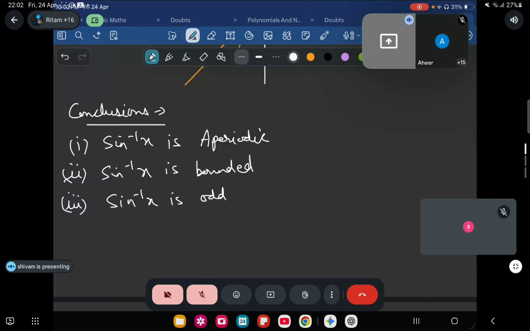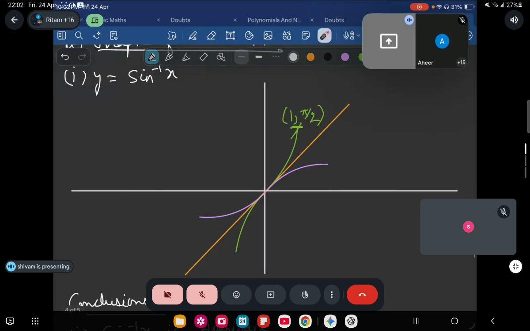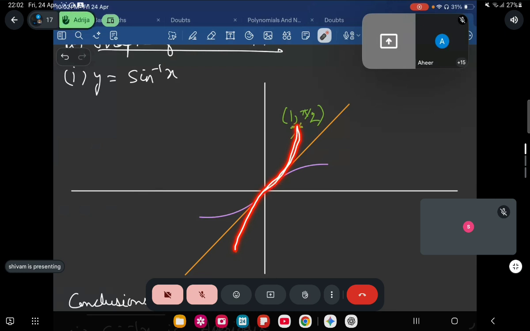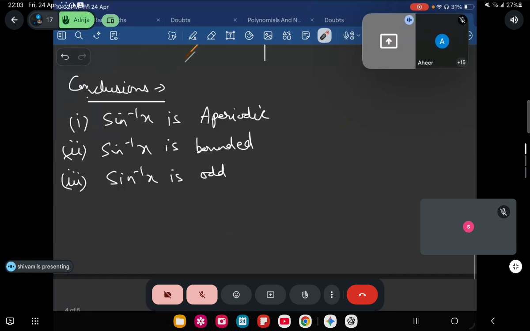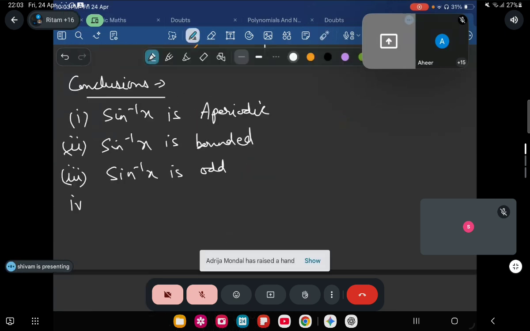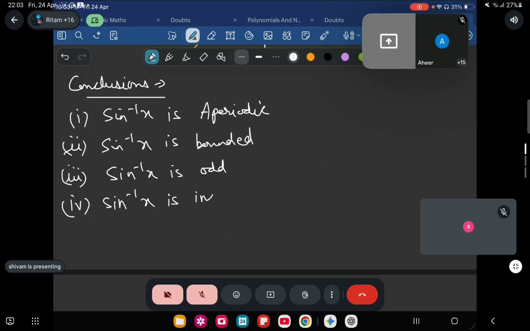Over here, you see this function is increasing or decreasing? Increasing. Sin inverse x is increasing. It's an increasing function.